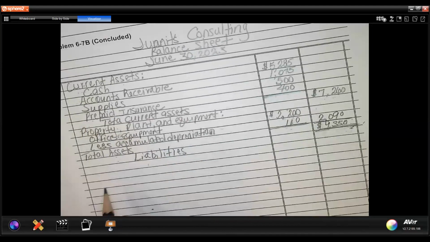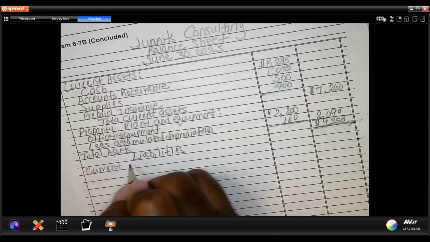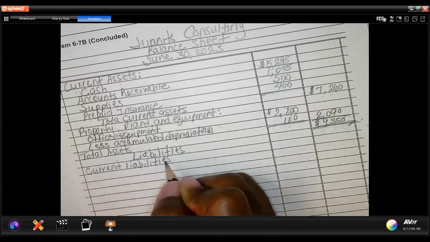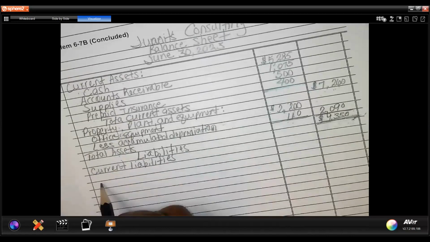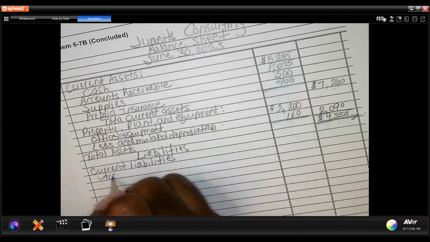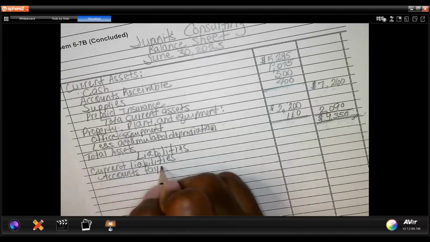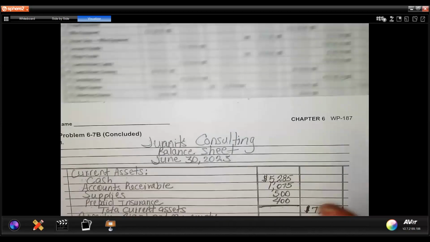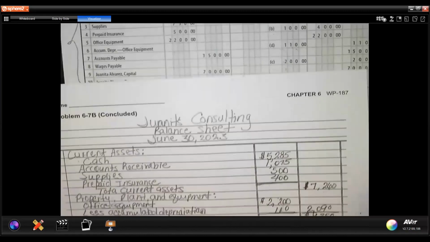Remember, our current liabilities are going to be things that can be paid within a year or less. So those will be accounts like accounts payable. So remember, we're listing our liability accounts.